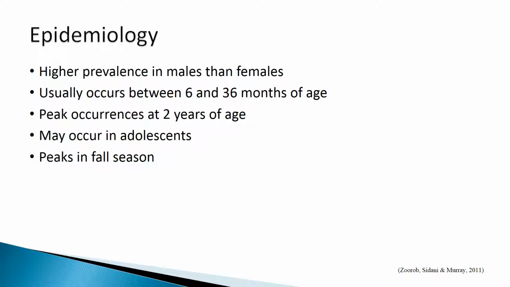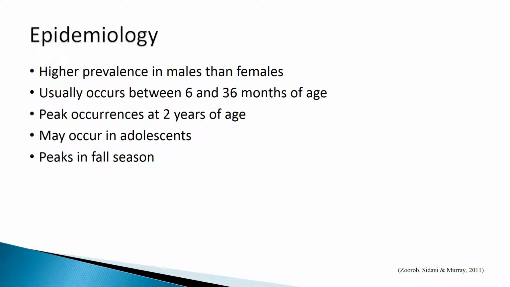All right, so with the epidemiology, you're gonna see this more in males than females. It's a 4-to-1 ratio male to female. It mostly occurs in children between 6 and 36 months of age, although cases have been seen up to 6 years of age. It is uncommon to see children older than 6 years have this, but we do see it with adolescents.